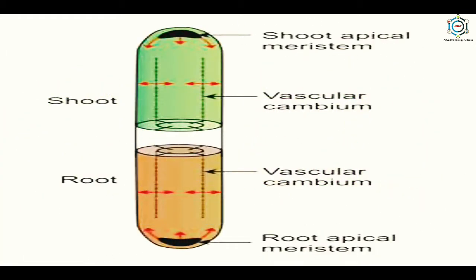The daughter cells derived from cell divisions in the meristems enlarge and bring about a visible increase in the size of the plant. The expanding cells differentiate to form the different tissues and become part of the mature organ. In this picture, you can see a diagrammatic representation of the sites of the shoot apical meristem, root apical meristem and vascular cambium. The direction of growth is shown with the help of arrows.